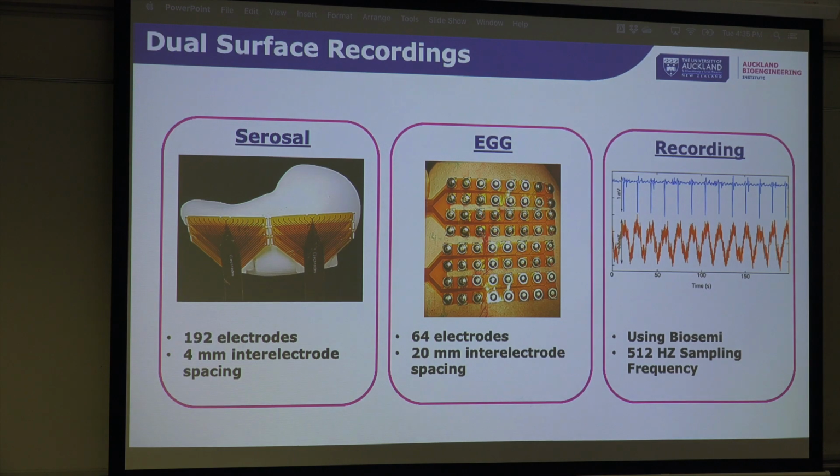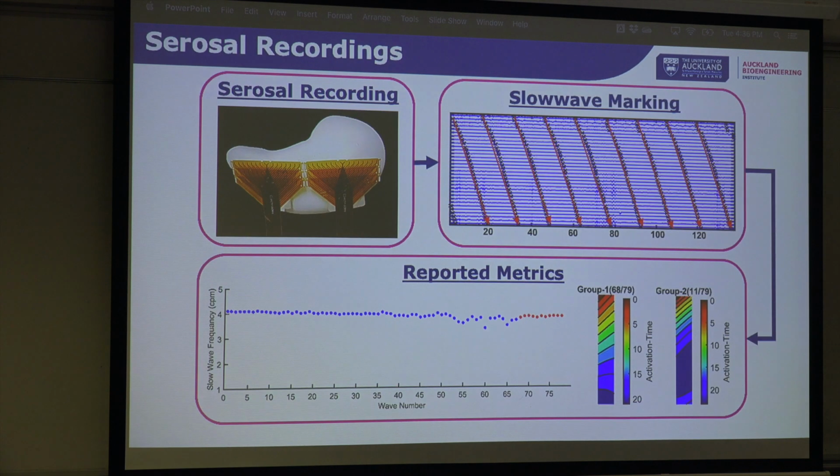On the far right-hand side there, you can actually see a recording of the serosal data in blue at the top and the EGG data on the bottom. And again, the frequency lines up. So to understand what the serosal activity was doing, we analyzed the serosal data.